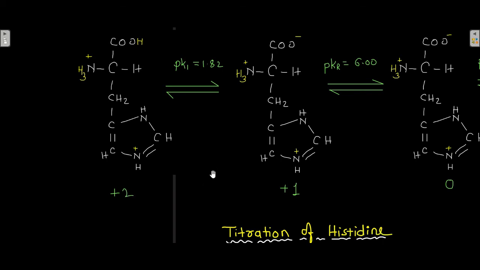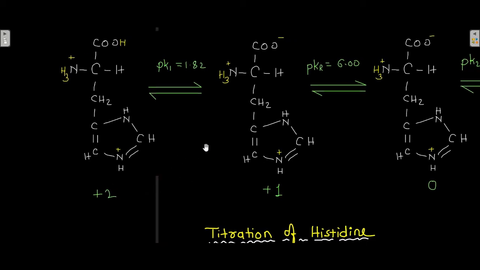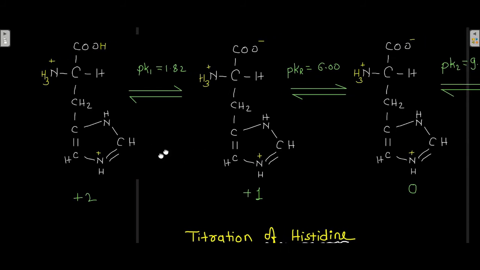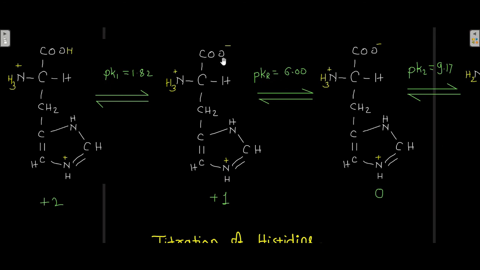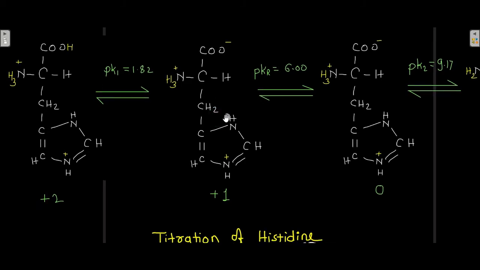Now as you add the base and increase the pH, the carboxyl group becomes deprotonated, it loses a proton, and now the net charge on the histidine becomes +1.